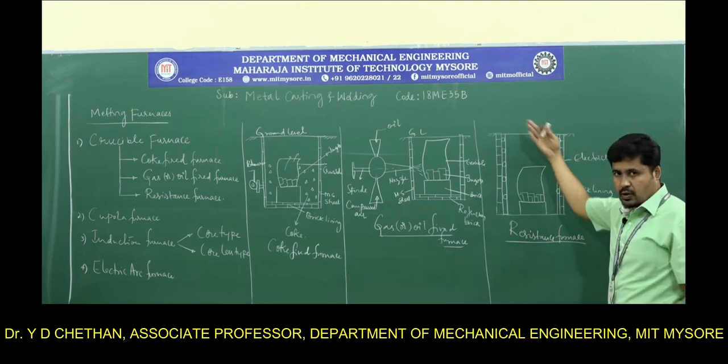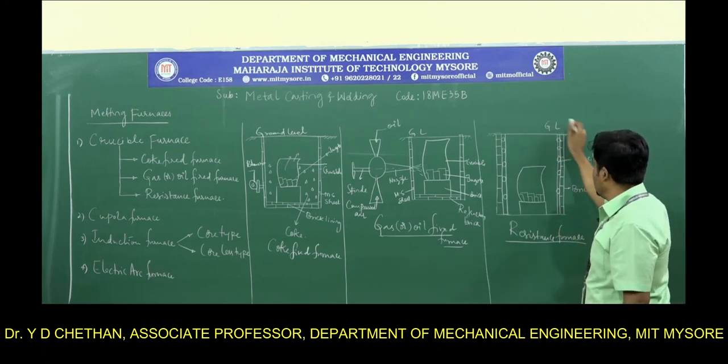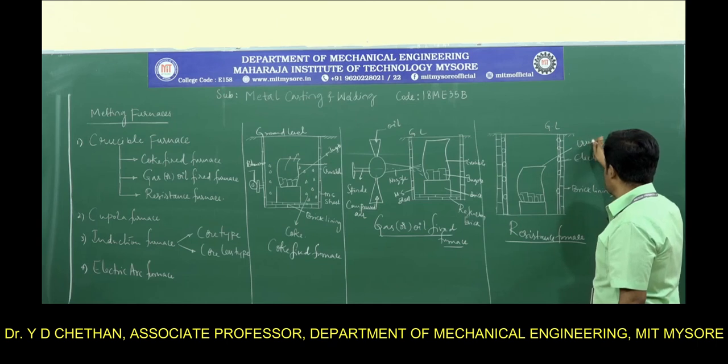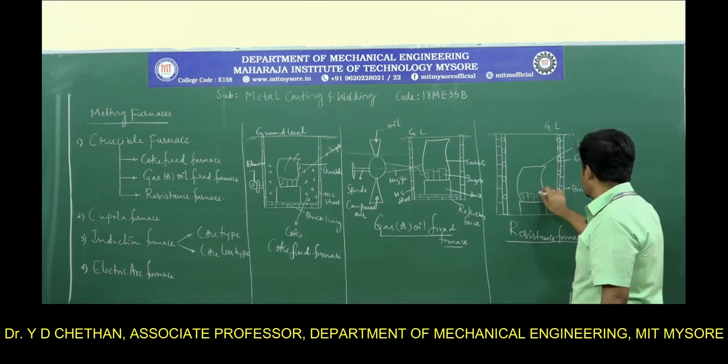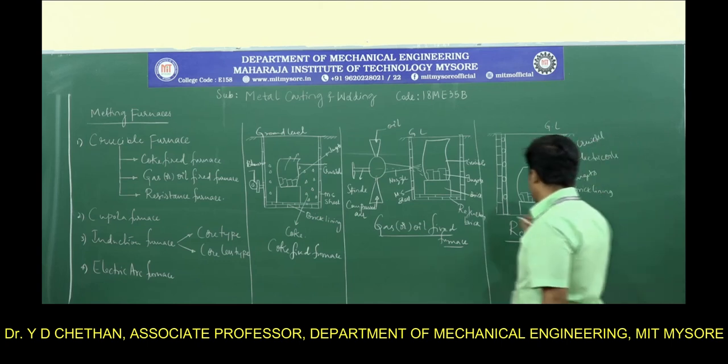This is the cross section of the drawing I am talking about. This is the ground level, this is the crucible, and these are the ingots.